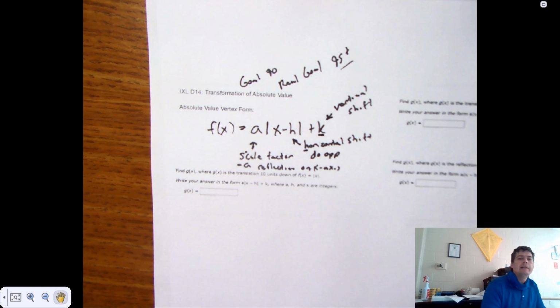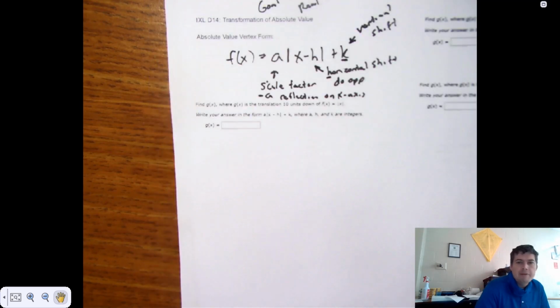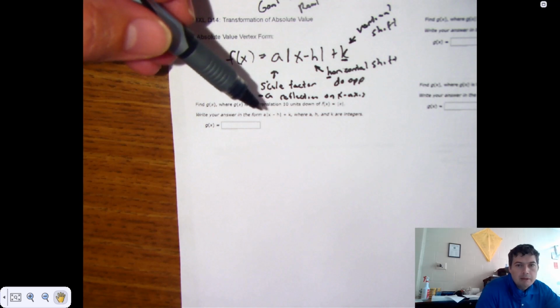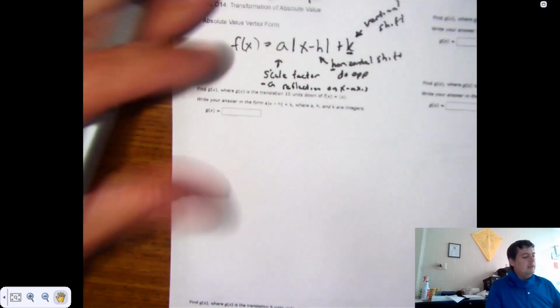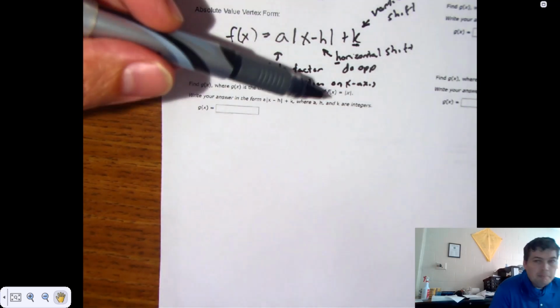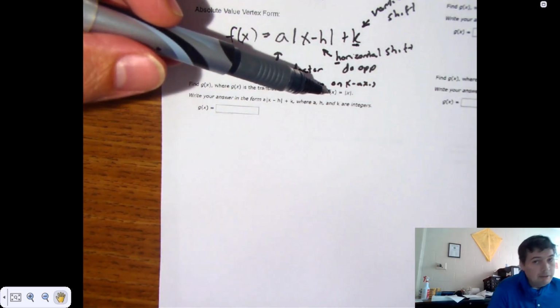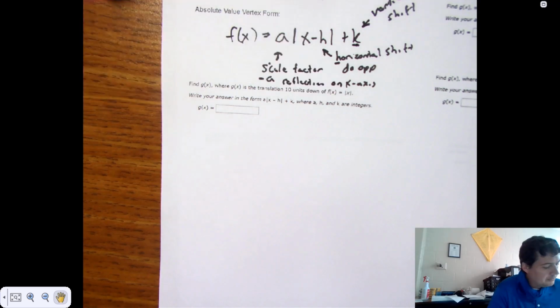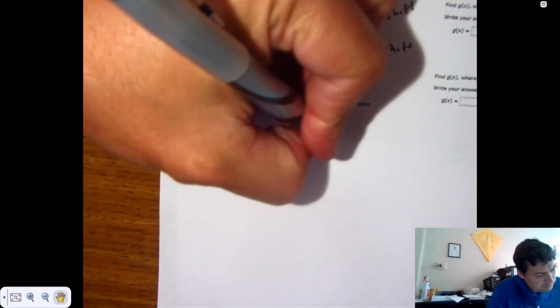Now, IXL is kind of nice. Every single one of them, they tell you this is your form. Memorize it. So it says translation 10 units down of the mother function, because it's a mother function. Call it mother function. It makes it a whole lot more fun. Of the mother function, f of x equals the absolute value of x. So 10 units down.